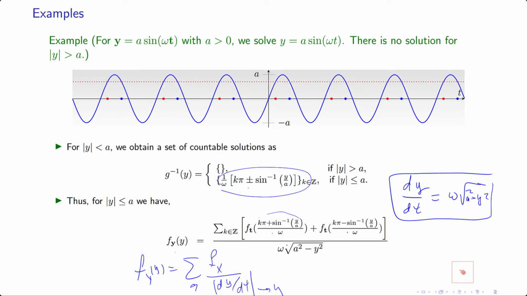Now, if the distribution of this random variable, f t of t, is smooth, this can be approximated with a constant number, and then your distribution simplifies in this case.